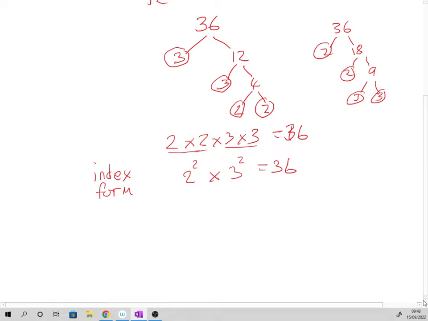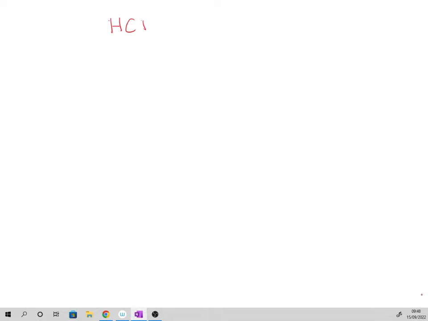Right, the next thing we did was highest common factor. Now, this is a factor that is common to two sets of data, and we're looking for the highest one. So say we had this number and this number, and we list out all the factors of 16, which is 1 times 16, 2 times 8, and 4 times 4.